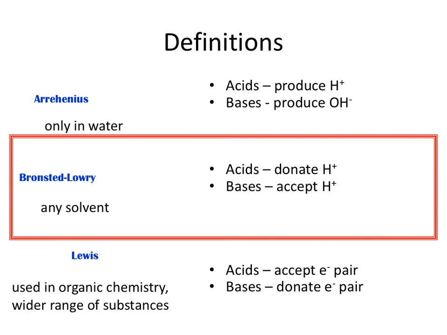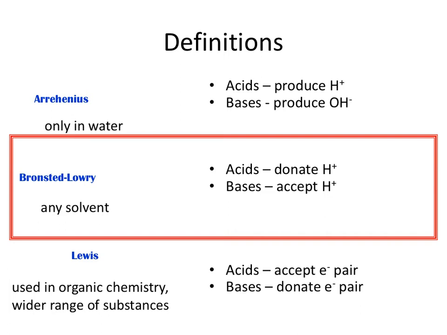So Arrhenius acids and bases, which are the most simple, only work in water. The definition is that acids produce H+, and bases produce hydroxide. So in order for something to be a base, it has to have hydroxide ions.